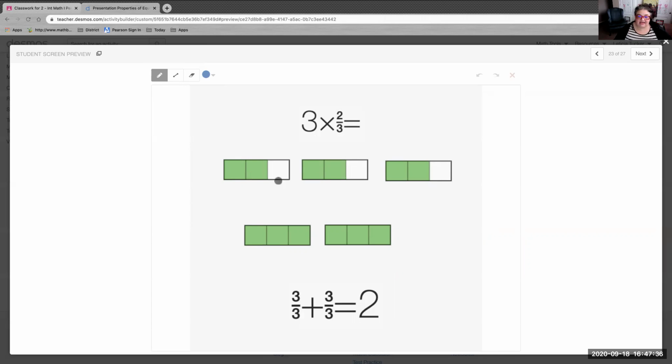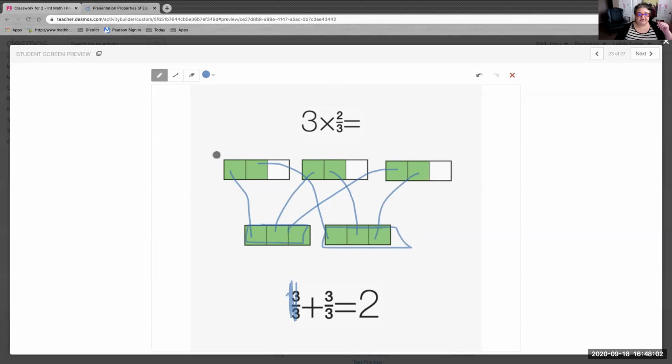Well, of those two, I take 1, and then I take another one, and I take another one from here. That's going to give me that 1 whole, the 3/3. That's 1 right there. Okay? And then I take these, and that's going to make a whole other whole.